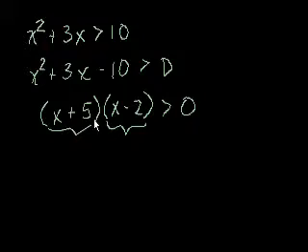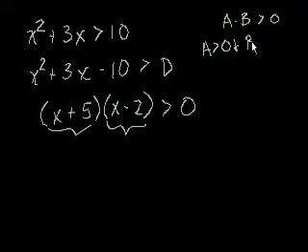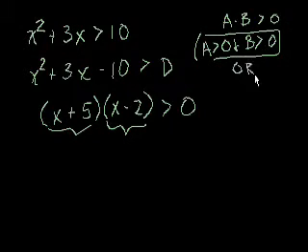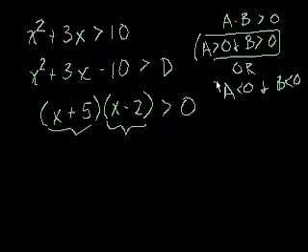And I know this might be a little confusing, but if I told you that a times b is greater than 0, we know that either a is greater than 0 and b is greater than 0, which just means that they're both positive, or a is less than 0 and b is less than 0, which means that they're both negative, right? All we know is that they both have to be the same sign in order for their product to be greater than 0. And we just do the same thing here.